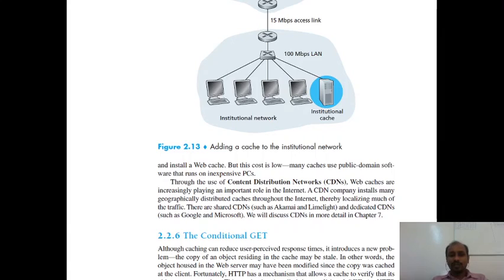This conditional GET request message will actually be sent by the web cache to the web server. For example, let me assume that the browser requests one of the images. For the first time, the browser first sends the request. That request first reaches the web cache.